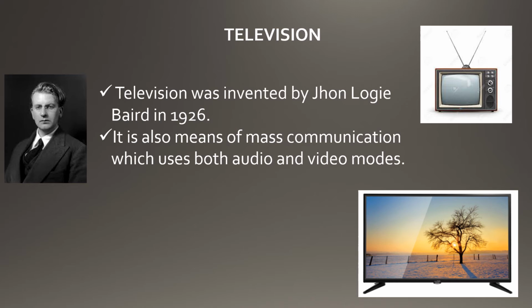It helps us watch live news and sports by sitting at the comfort of our home. Millions of people can see at one time. It is the favorite pastime of all age groups. It is costly when compared to radio, and the disadvantage is it can't be carried anywhere.